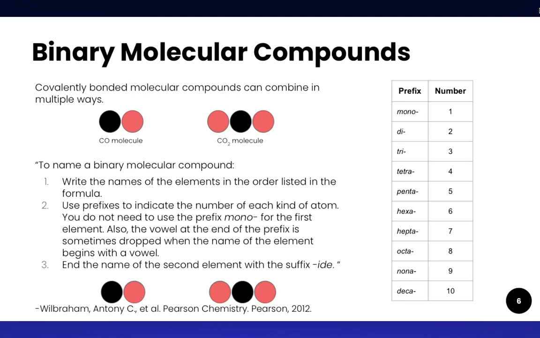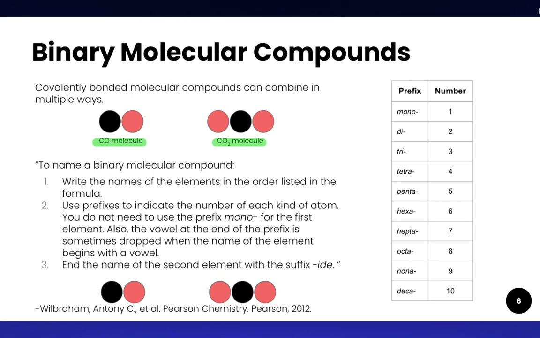For example, you can have the CO molecule and the CO2 molecule. So both of these, if you were using the ionic naming rules, would have the same name. It would be carbon oxide. But these two molecules are completely different, so they need different names.